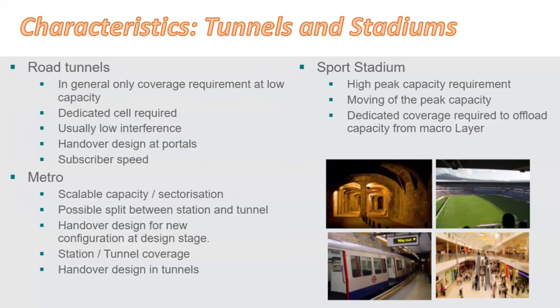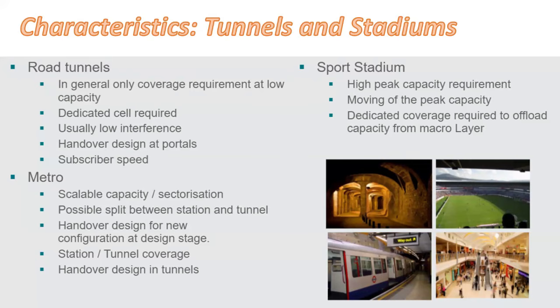And then we have road tunnels. In general, only coverage at low capacity is required in road tunnels. Thus, the solution for road tunnel structures is achieved using repeaters or any kind of low power BTS. Interference is very low in these cases, but handover is very important because cars can come at high speed or low speed.